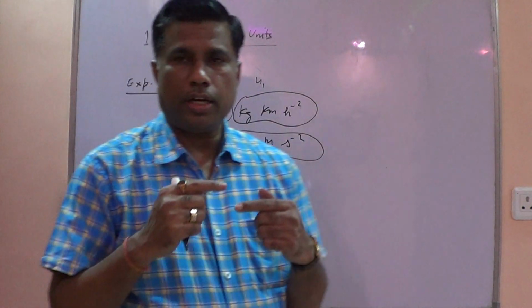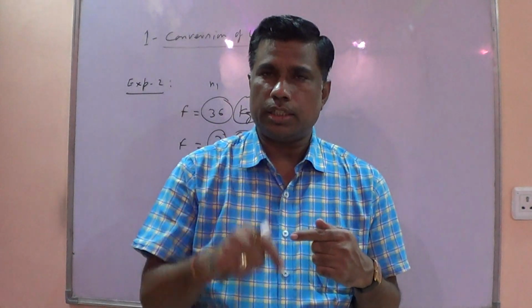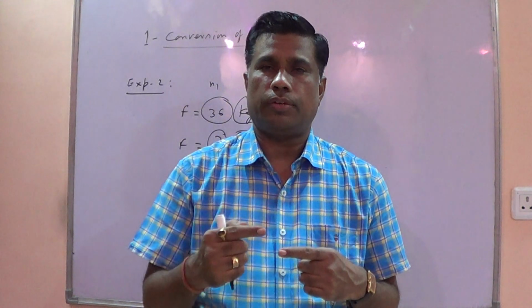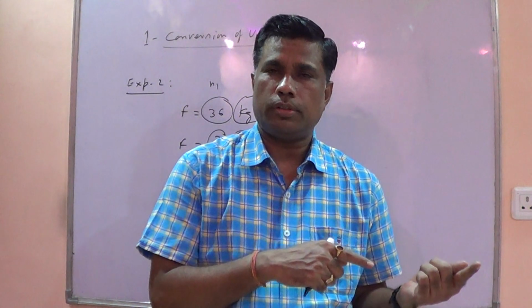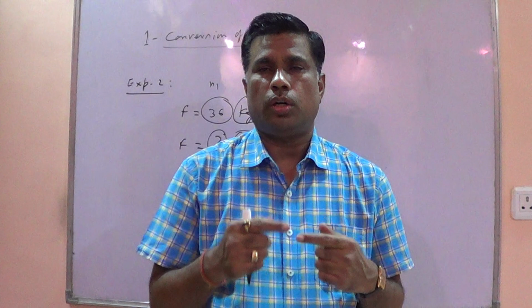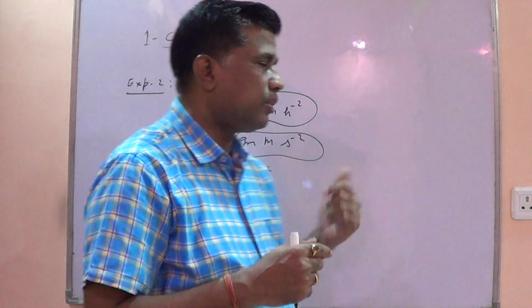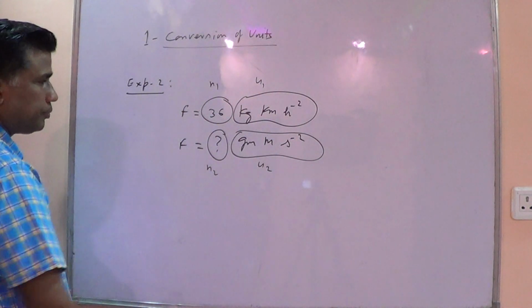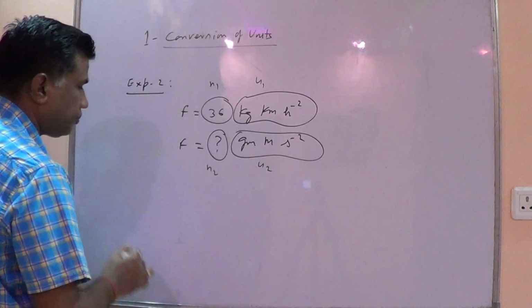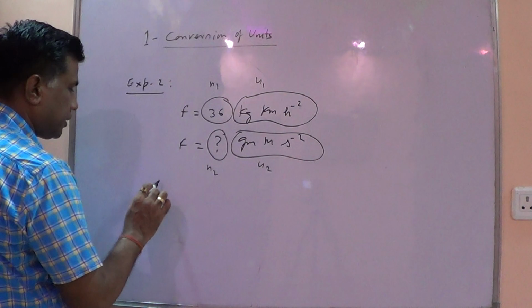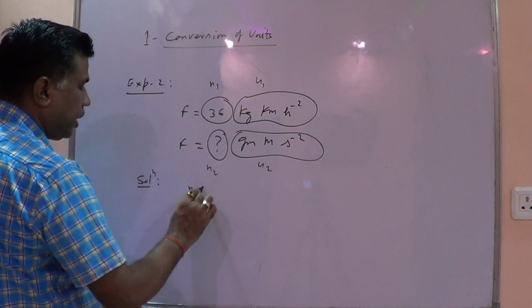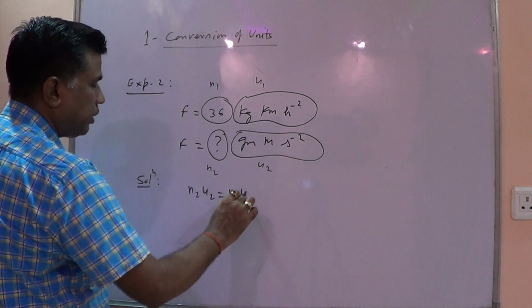Students, you can pause this video at this moment and first solve this problem yourself. I am also going to solve it, then check whether your answer matches with mine or not. So you can pause here, but I am going to do it. Students, as I told, this formula N2 U2 equal to N1 U1.